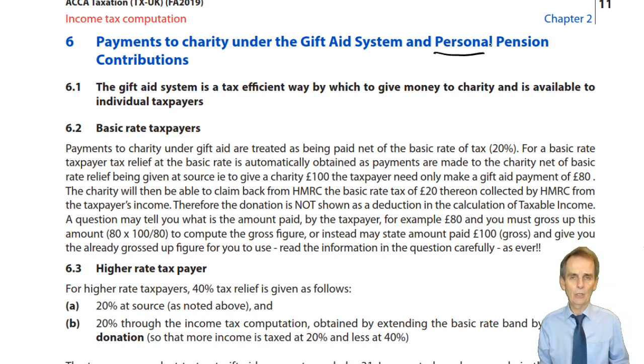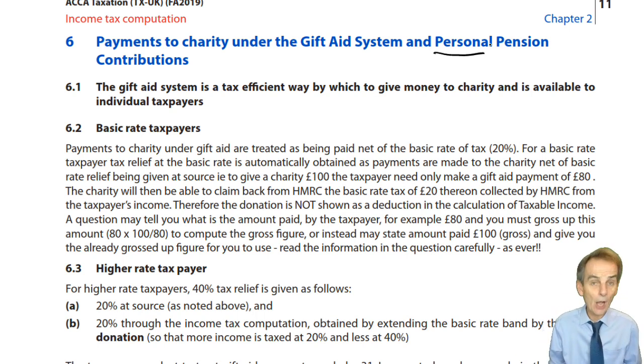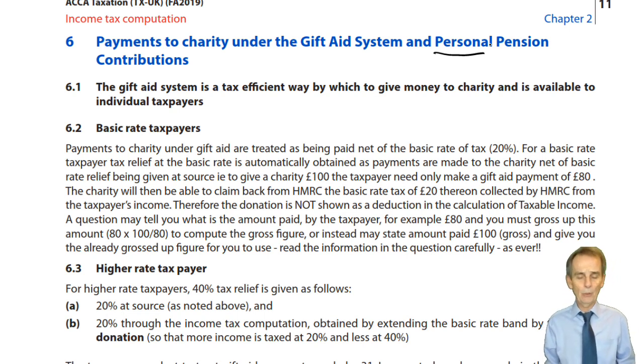I think we may have mentioned this before, but pensions have their own chapter, Chapter 10, that we'll be looking at in far more detail, and they're dealing both with personal pension contributions and the only other type of pension that you need to know about, an occupational pension scheme, which is where you are an employee and your employer operates a pension scheme for the benefit of its employees.